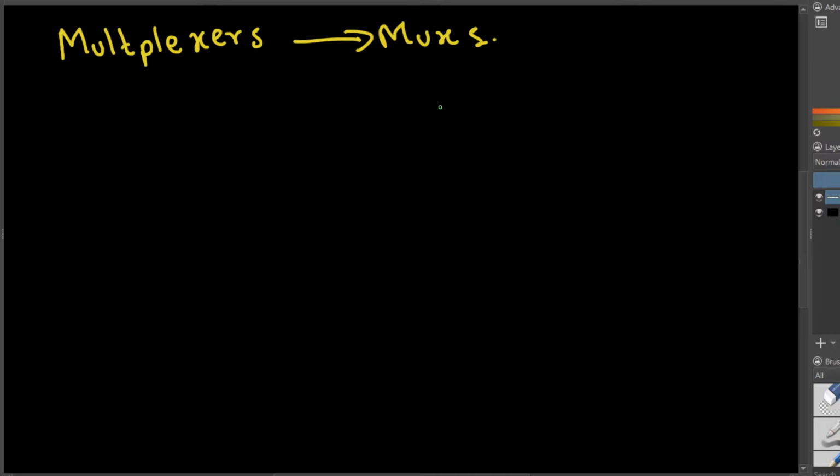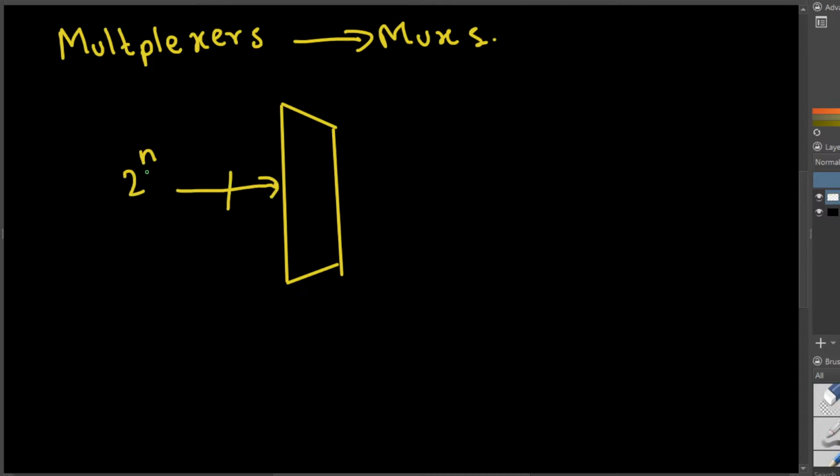Look at multiplexers. Multiplexers look like this. It will be having a, like this, and it always has 2 power inputs: 2, 4, 8, something like that.